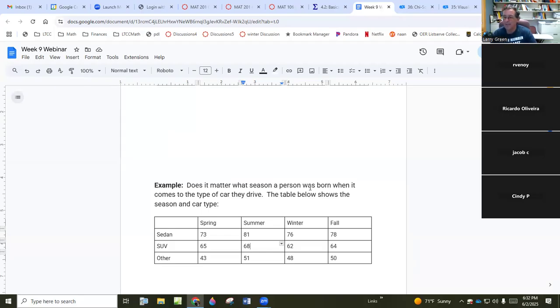Or in biology, instead of this example, you could have what blood type they have and what is the most likely cause of death.